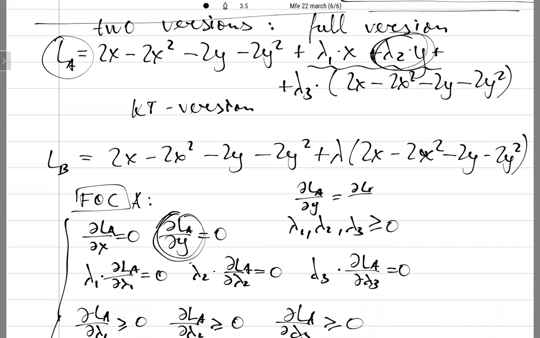It's exactly dL_B with respect to y plus lambda 2. So if you pay attention to the difference of the two approaches, that's basically the proof. That sum should be 0, and if lambda 2 is positive or 0, then dL in the short version should be non-positive. If the sum of two values is 0 and one of them is non-negative, the other one should be non-positive.